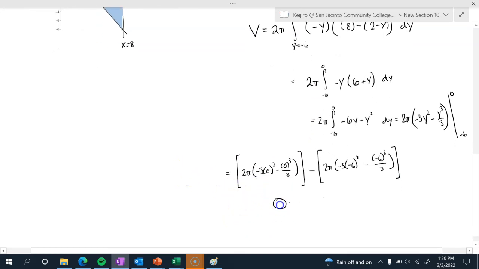So this first part is just 0 minus 2 pi times negative 6 squared is 36 times negative 3 is negative 108 in here, and negative 6 cubed is negative 216, but that's subtracted, so it's plus 216 over 3.